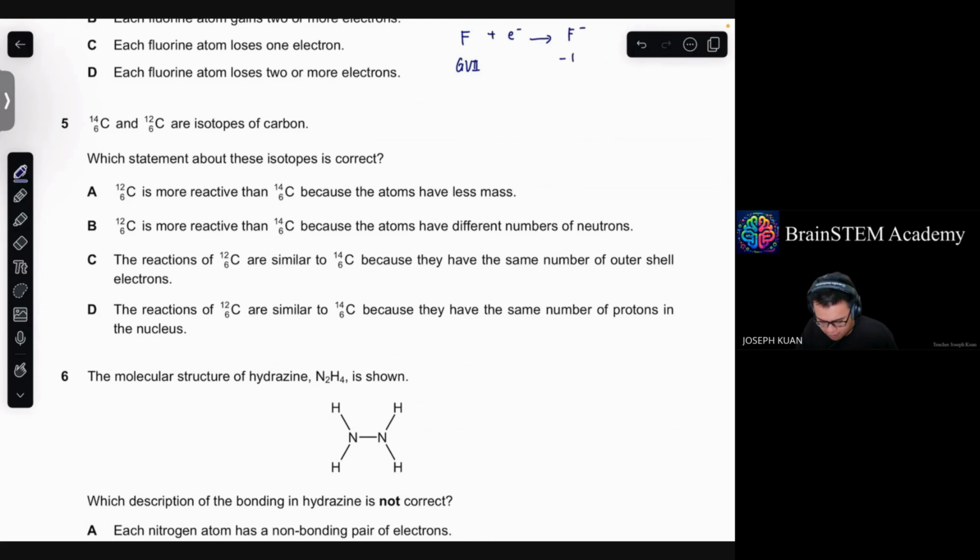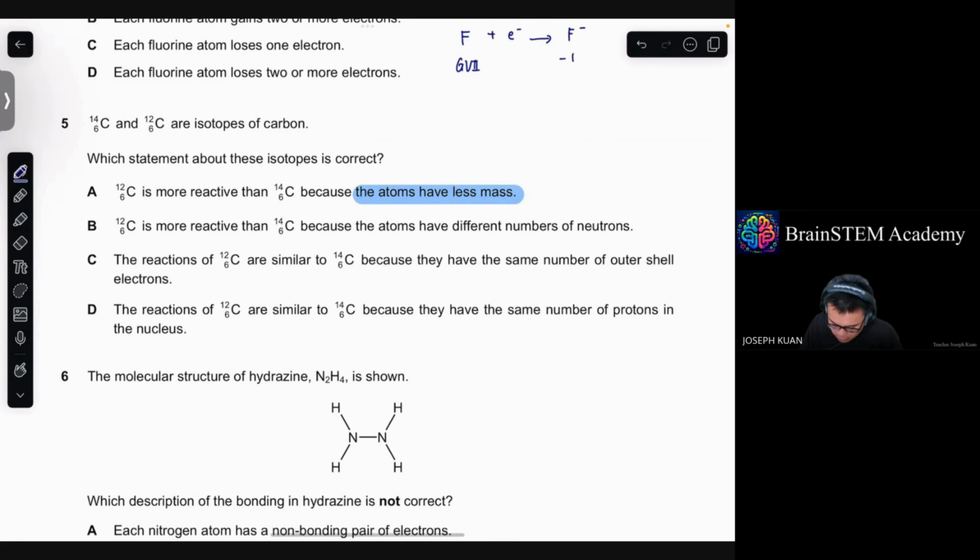Although it is true that carbon 12 is lighter than carbon 14, both of them are ultimately the same type of atom. So there will never be any differences in the reactivity amongst these two particles.